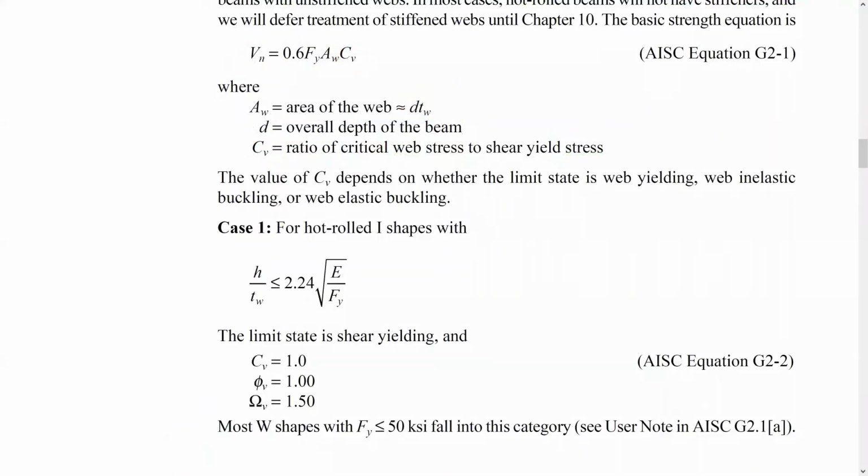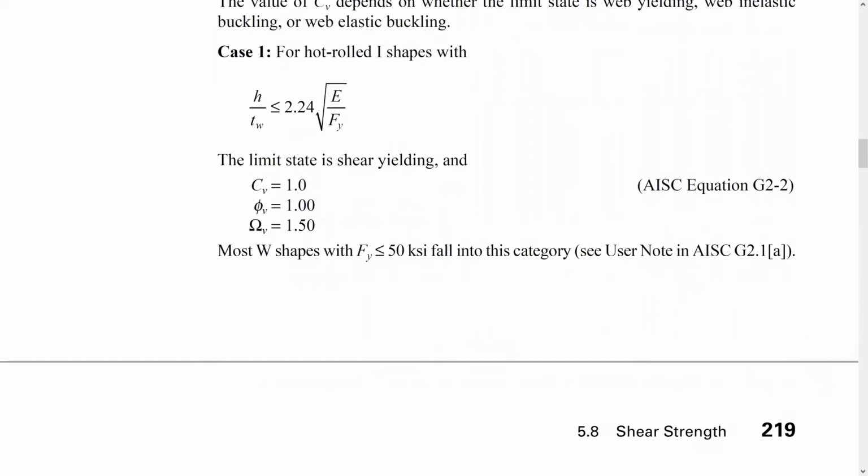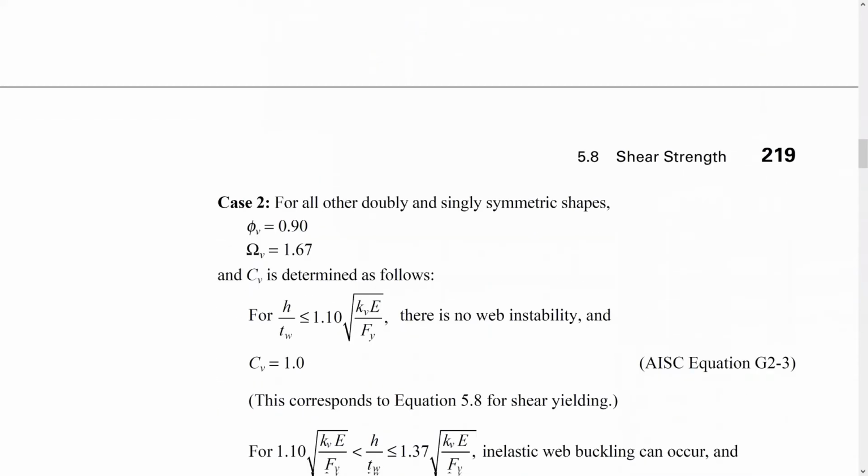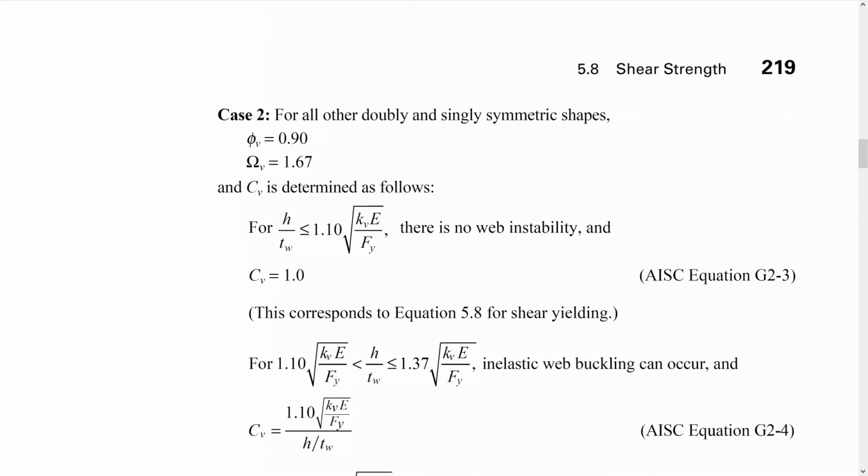Let's move to see other cases. This is case number 2 here. For all other doubly and singly symmetric shapes other than I shape, phi is equal to 0.9 and the safety factor of the ASD method is equal to 1.67, and C sub V is determined as follows.